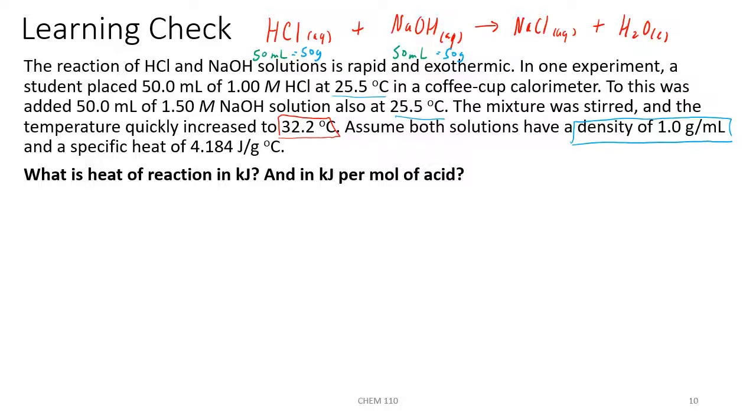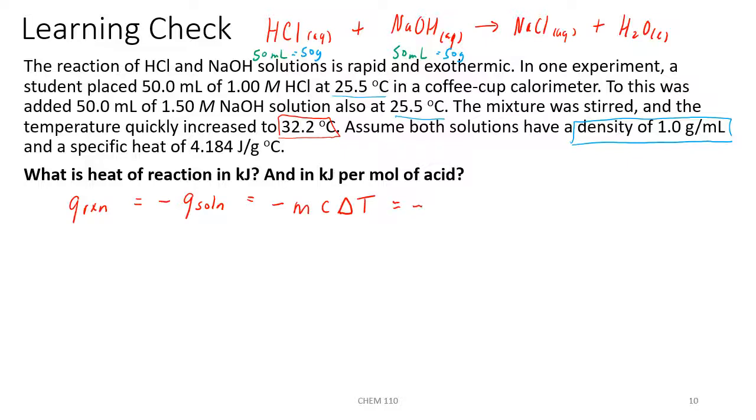We can say that the heat of the reaction is equal to, and opposite in sign, the heat generated by the solution. The heat of the solution can be calculated by taking the mass times the specific heat times the change in temperature for our total two reagents, which would be the HCl and the NaOH.